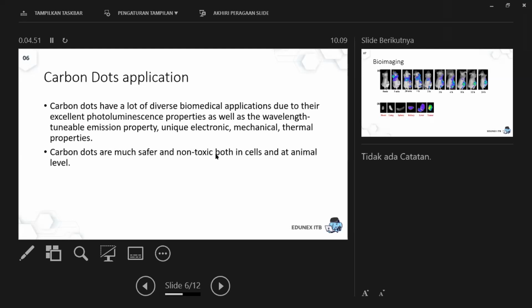Carbon dots have been deployed for diverse biomedical applications due to their excellent optical properties, also unique electronic, mechanical, thermal, and chemical properties.